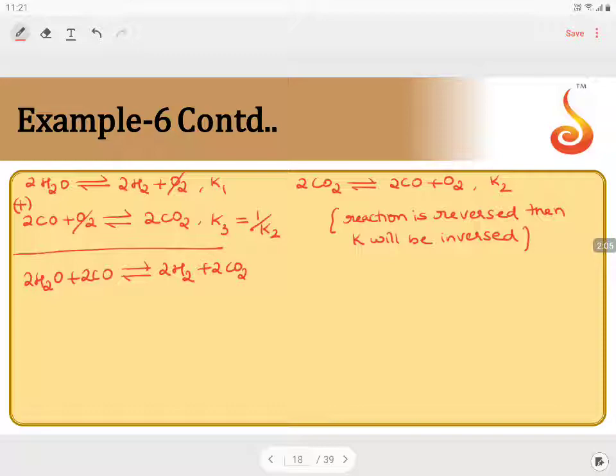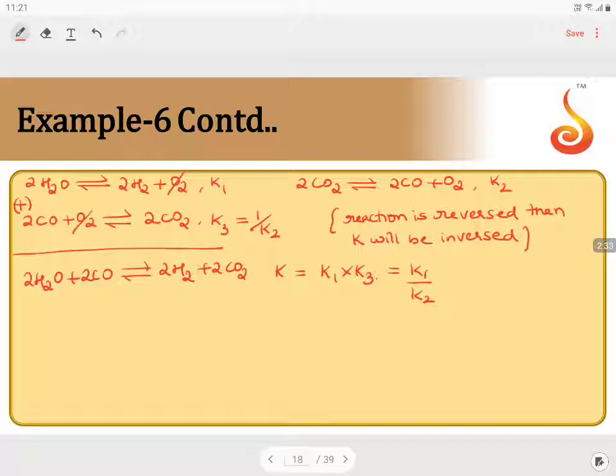Okay, now what will be the K? For this equation, K will be equal to K1 into K3, or we can write this as K1 by K2.